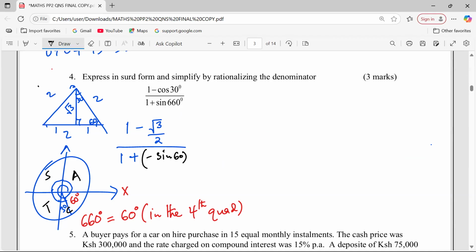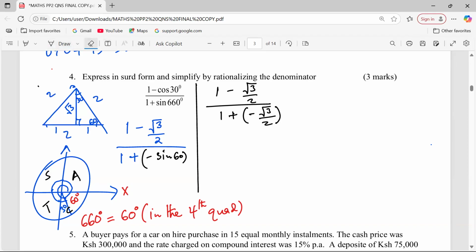Let me show you now. 1 minus root 3 over 2, divided by 1 plus the negative value of sine 60. Sine 60 shall be opposite over hypotenuse, root 3 over 2.